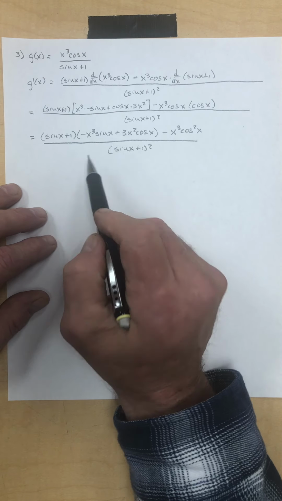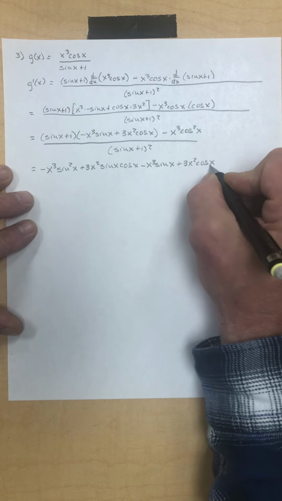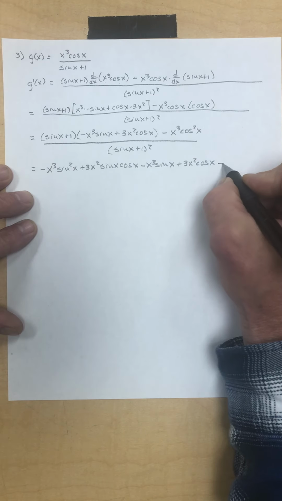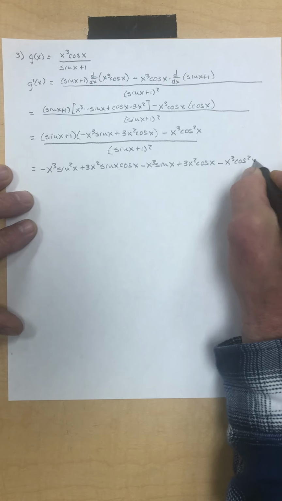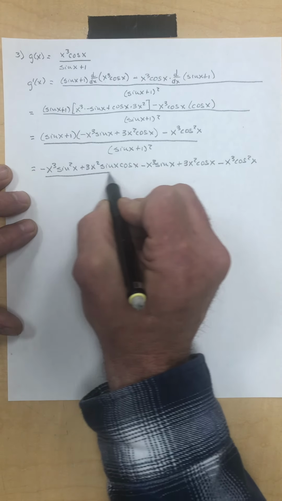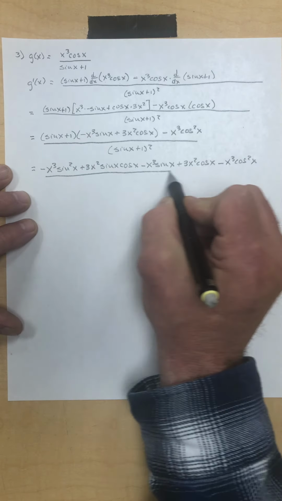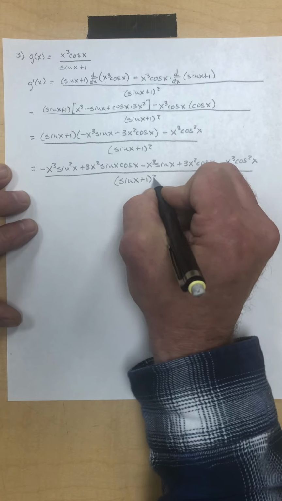Inside times inside gives me negative x cubed sine of x. And then last times last gives me plus 3x squared cosine of x. And then I just bring this down, minus x cubed cosine squared of x, like that, all over sine of x plus 1 squared.